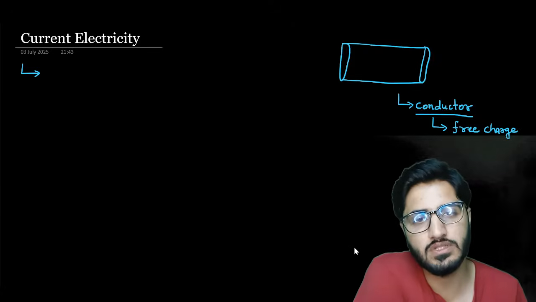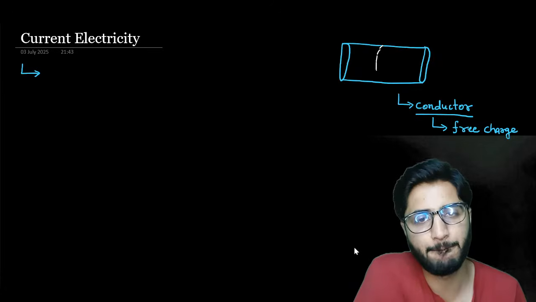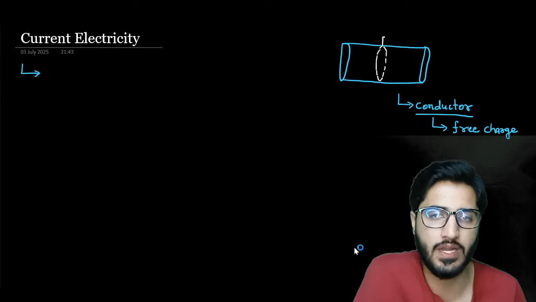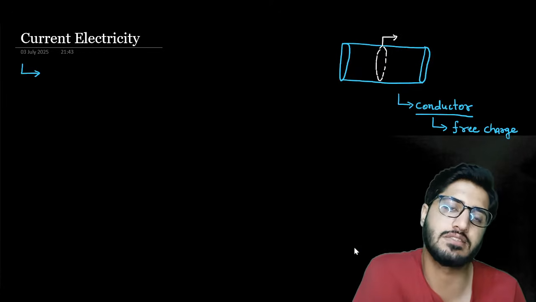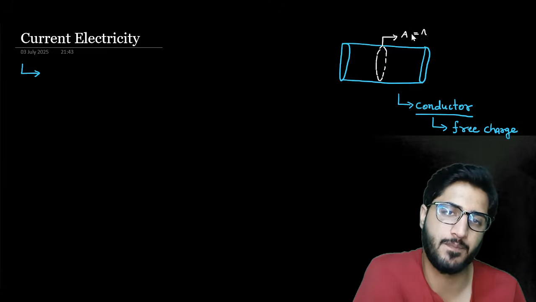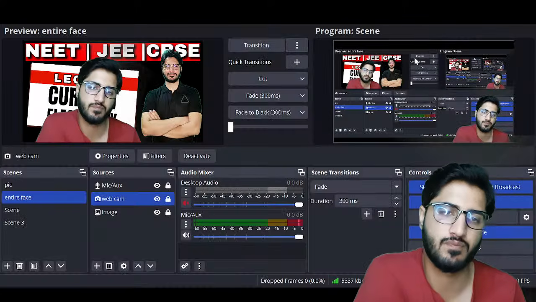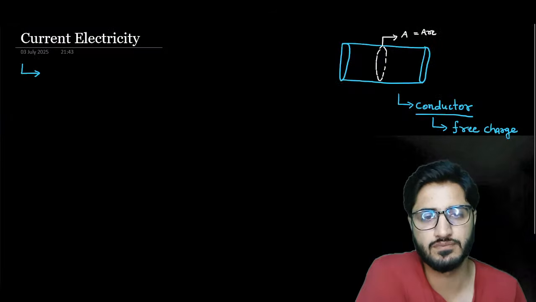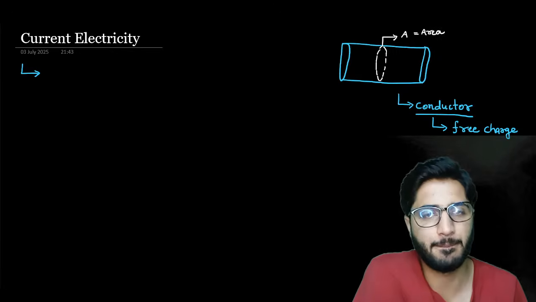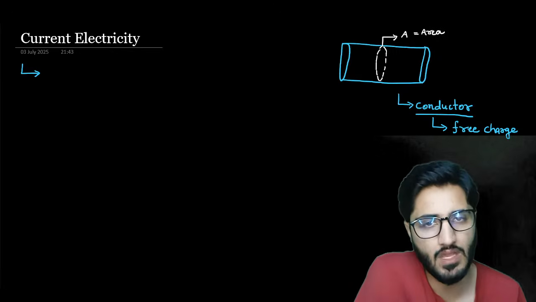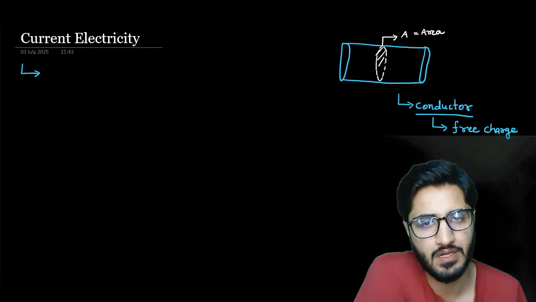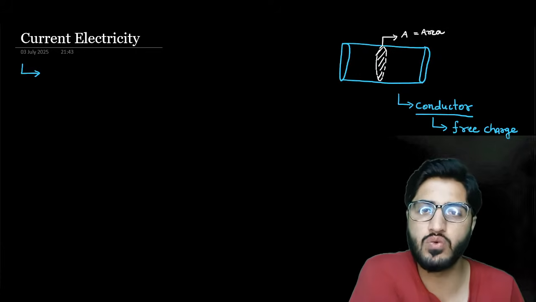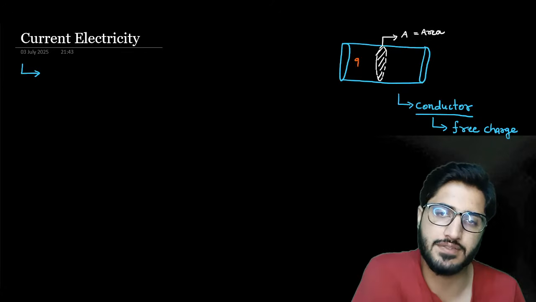And suppose the cross-sectional area, this area, the white one, is A. And we have Q charge.